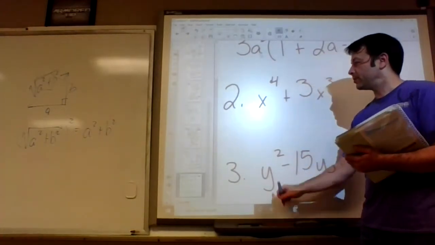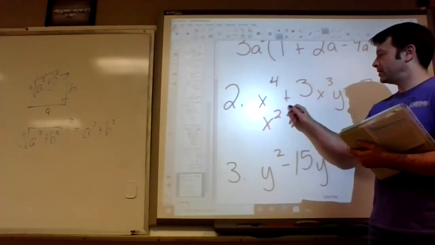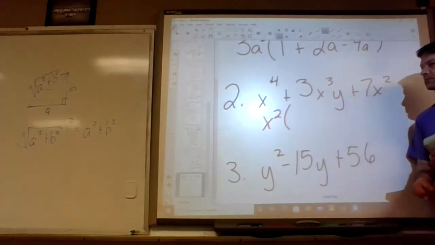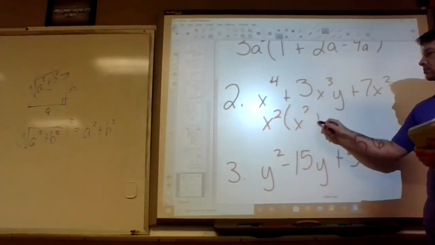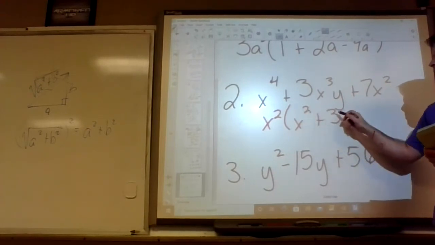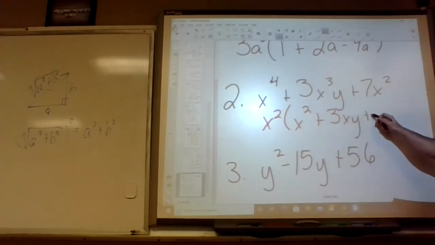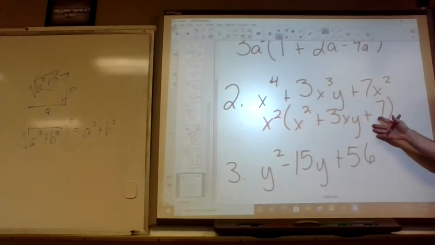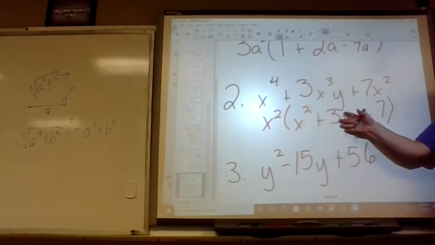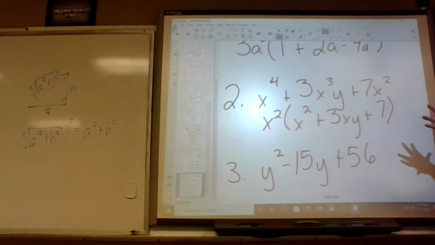It is very similar to number 1. X squared plus 3xy plus 7, and 7 is just a singular 7. Now, after you take stuff out, you should check and make sure the inside doesn't factor some more. But on this first part, it won't. Later on, it will.